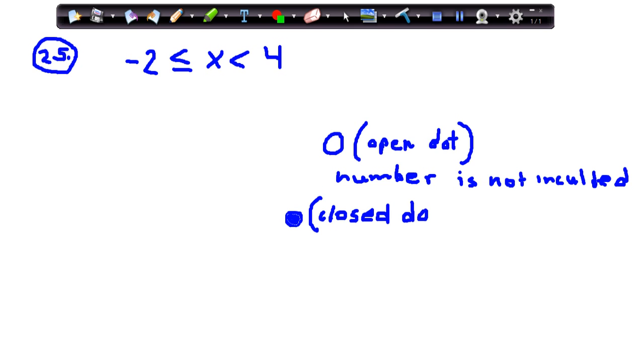That the number is included. And we're going to show you that from your book. The closed dot means number on that line, on that graph line that we're going to be graphing in a minute shortly. At the bottom page 354, number is included.